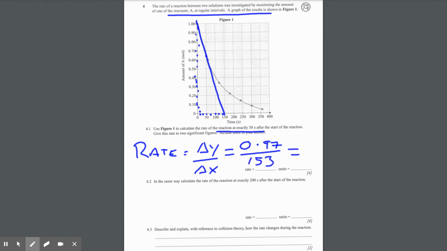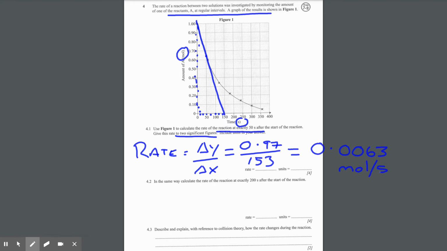And that's then going to give us a calculated value, which we'll round to, as it says, two significant figures, 0.0063. And then we obviously need the units. So we take the y unit and divide by the x-axis unit. That gives us the units of the calculation that we've just done. So that's moles per second in that example.